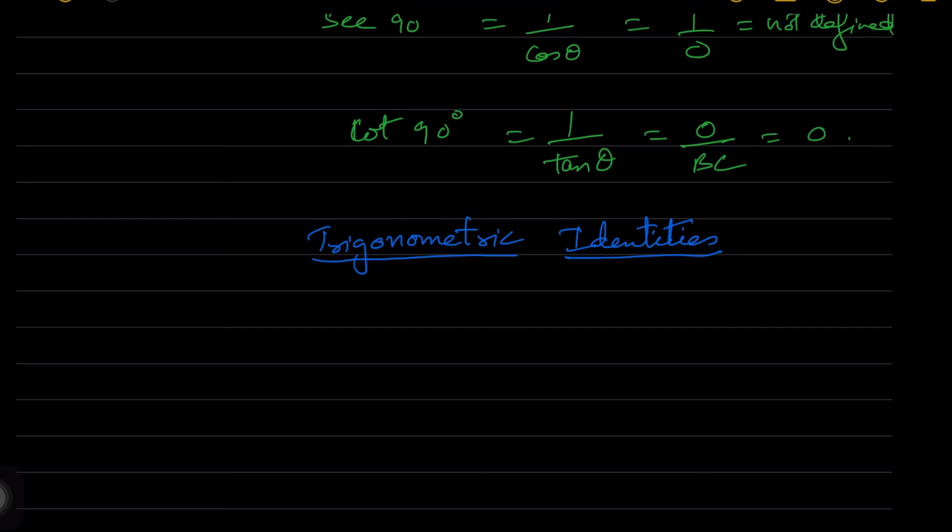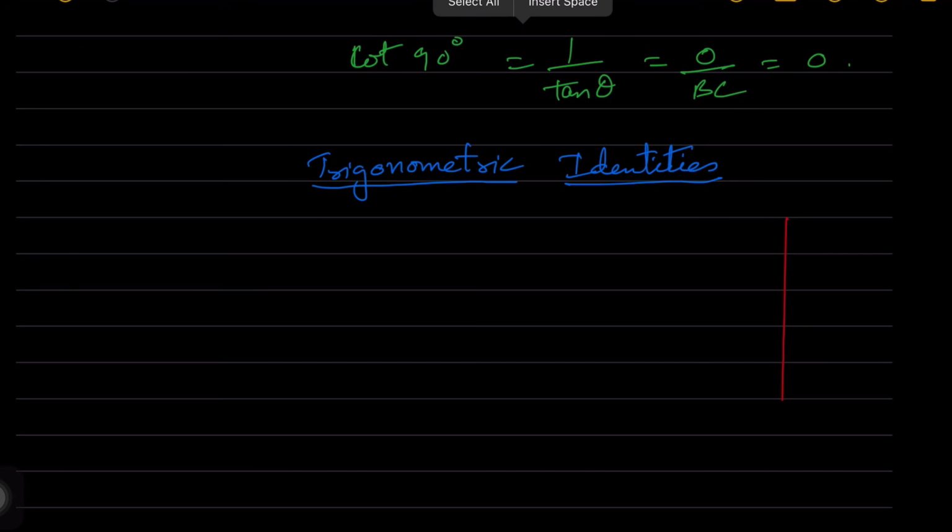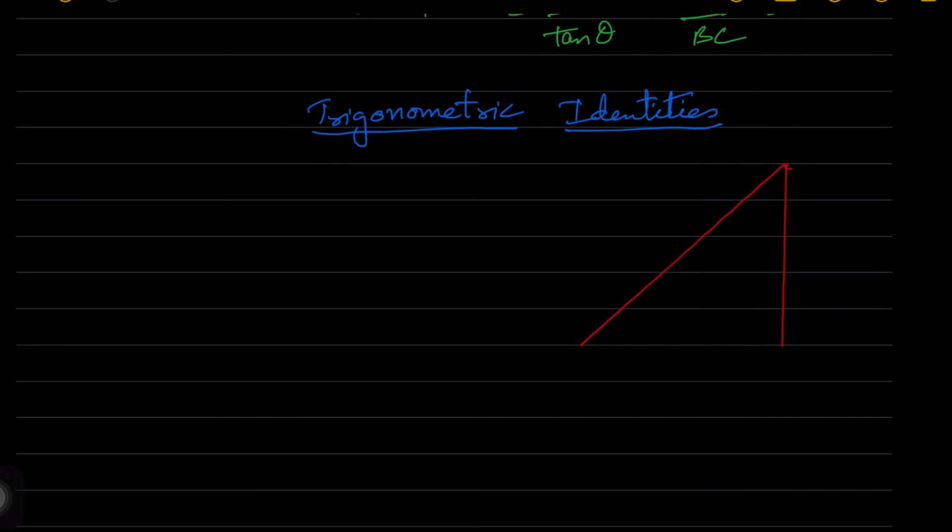So we consider a right angle triangle, right angle at B. At B it is 90 degrees.